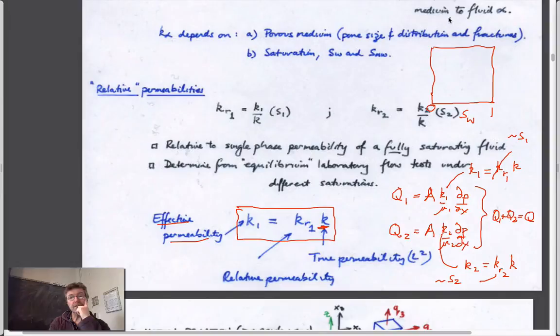If I hadn't run out of space here, this is the non-wetting saturation at the top. It goes in the opposite direction, right? From 0% non-wetting saturation and 100% water to 0% water and 100% non-wetting. And what we're going to plot on here is relative permeability.